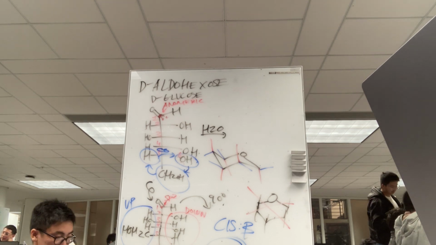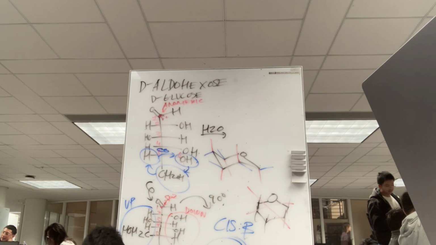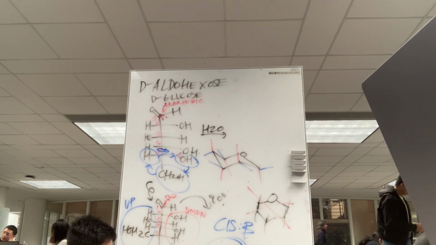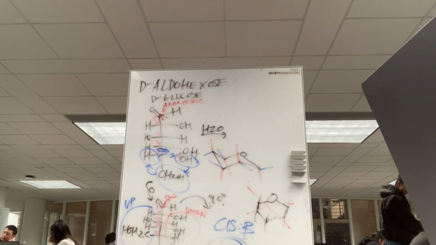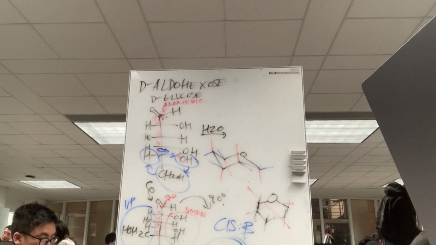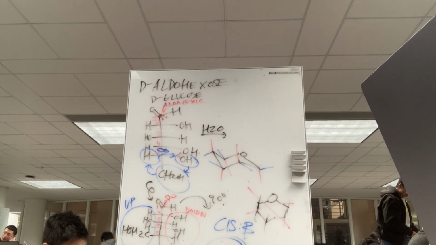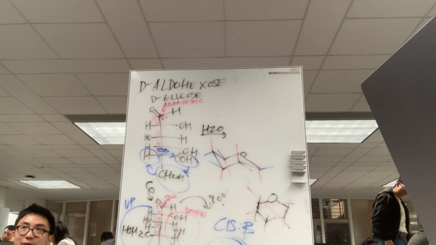It avoids that, whereas the axial one here has 1,3-diaxial strain. So in nature, this is approximately 64%, and this is approximately 36%. That's just a conceptual thing. Exams will ask which one's more stable, the beta or alpha anomer, and the answer would be beta anomer because it avoids the 1,3-diaxial strain right there.